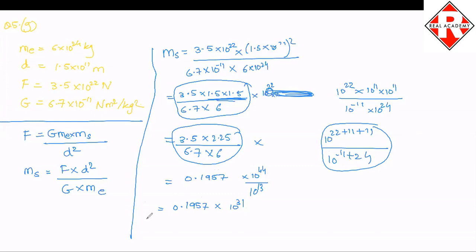So if I just simply round it off, it will become 0.196, or I just shift the decimal. I'll shift the decimal to the right, so it will become 1 point, and I'll round this off 1.957.